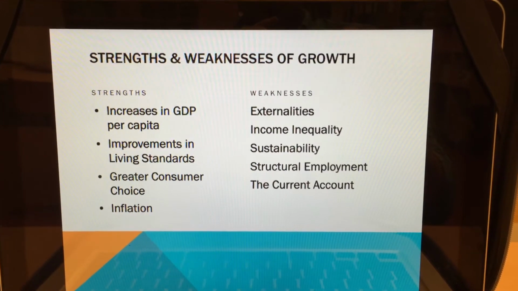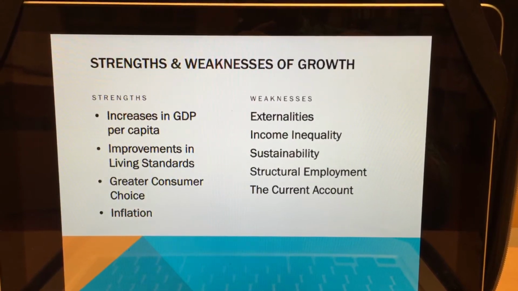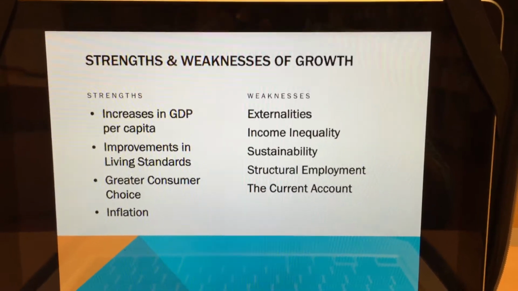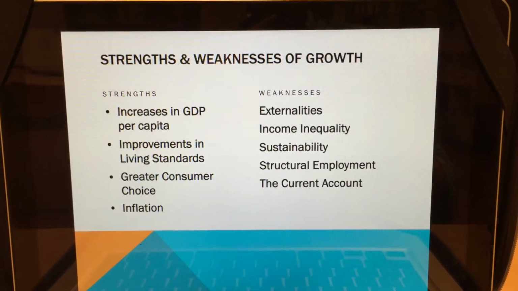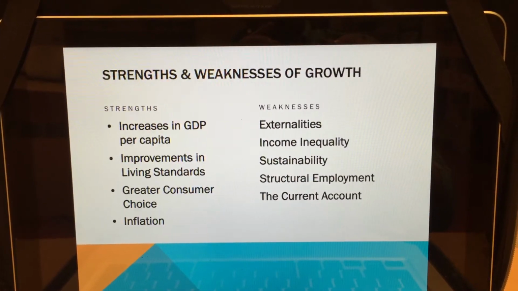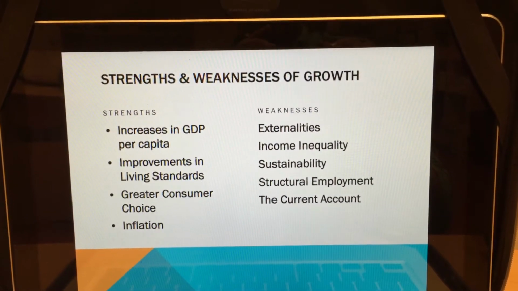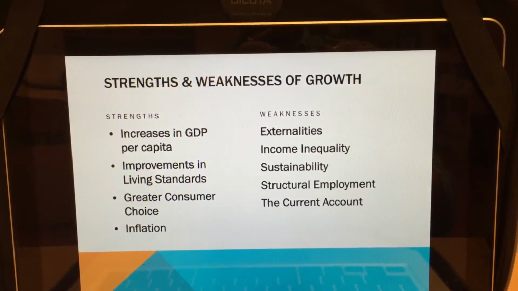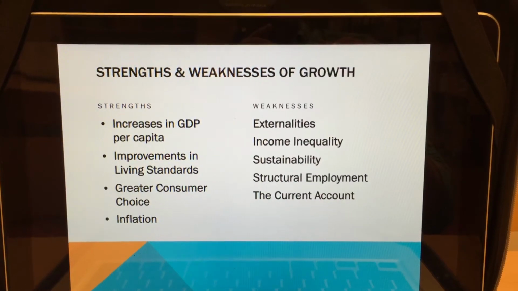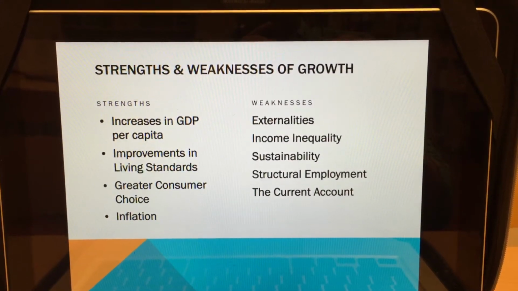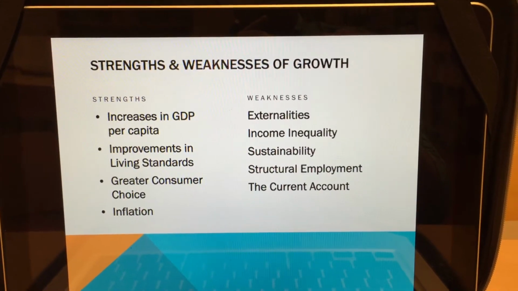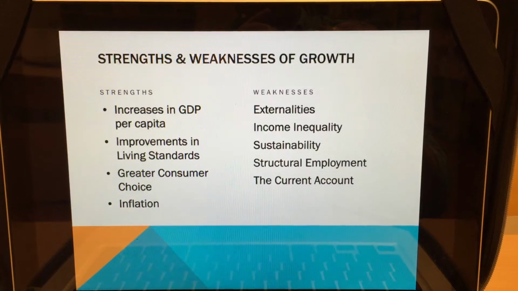Finally, the current account. We'll talk more about it later when we get to macro or international economics, but the current account refers to import expenditure, how much we're spending on imports, and export revenue, how much money we're receiving from the sale of exports. In a lot of countries, as there is economic growth and increases in GDP per capita, consumers purchase more imports, and imports become attractive.